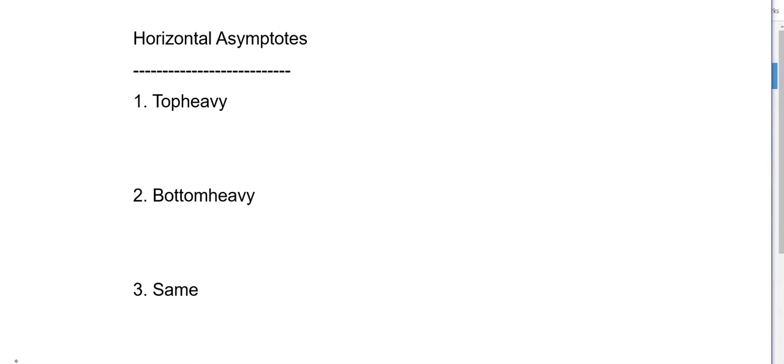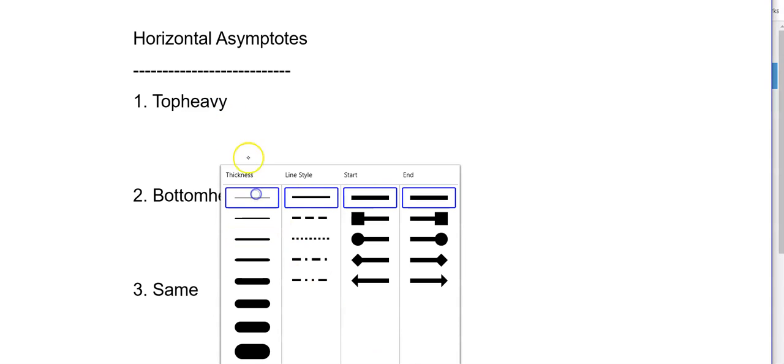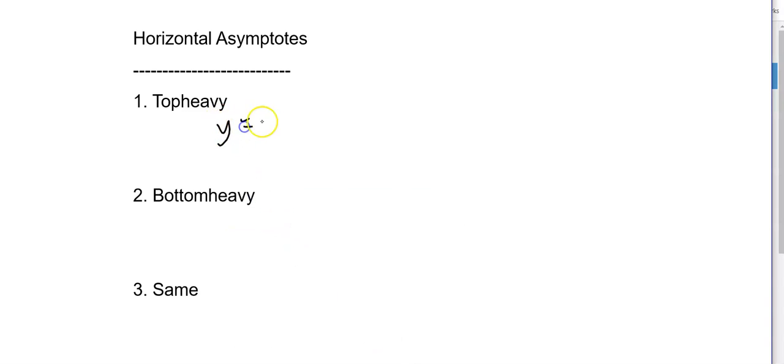So this is the 3 cases that you might face. The first thing with horizontal, you may have top heavy in degree. What I mean by that is for the fraction, let's say I just make up a function here, y equals x squared on top and x in the denominator. It doesn't really matter what's after this.